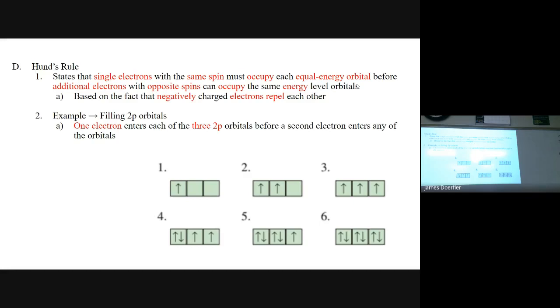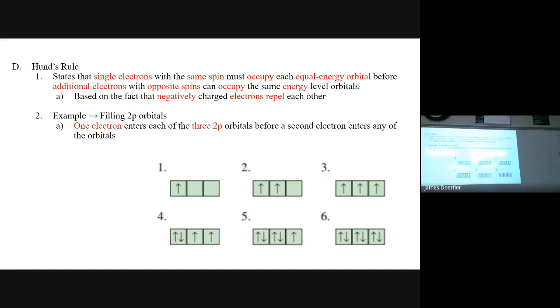Anybody take a guess? If you look over at the periodic table, what's the number I'm going to put on the p orbital right here? 6. Okay, so I have to put 6 electrons, or in this case, 6 arrows representing the electrons in a box. And so there are 6 steps as shown here.